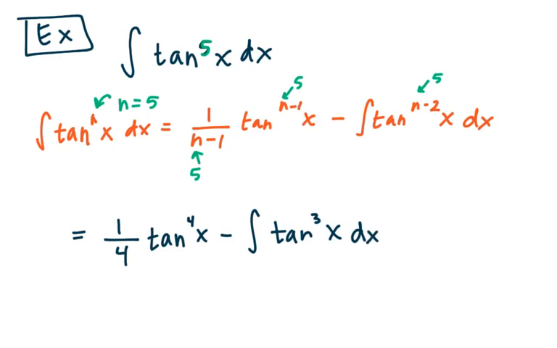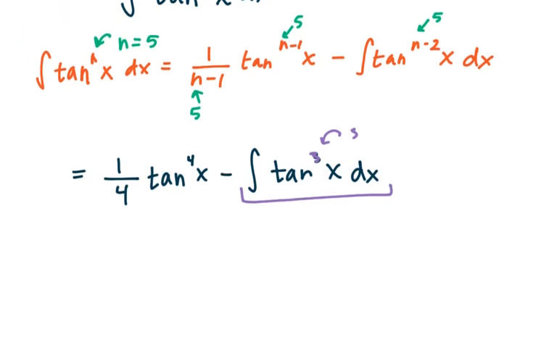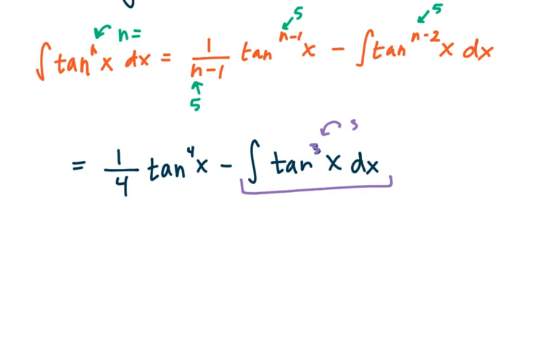So again, we kind of have this circular pattern. You'll notice here we have an n equals 3. So we can apply that formula to just this second integral that's left in here. And instead of using n equals 5, we'll treat it as n equals 3.